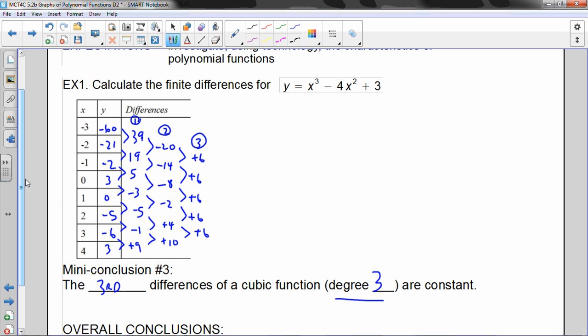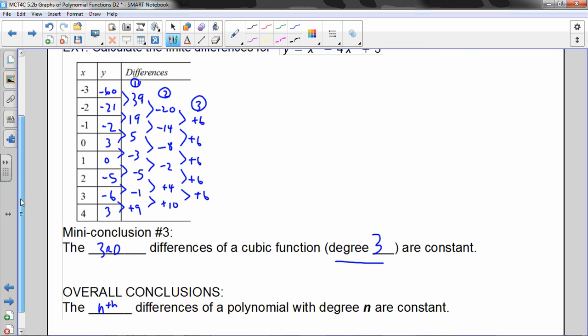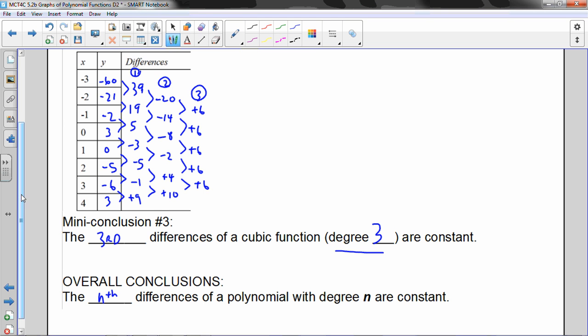So if I strapped you to a chair, threatened you with torture to guess, if I had any polynomial function of degree n, which differences would be constant, it's the nth. So if it's degree 8, I'd have to do this 8 times, and finally the 8th differences would be constant. Okay? And we'll see this in an example in a second.